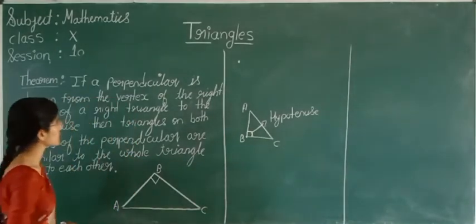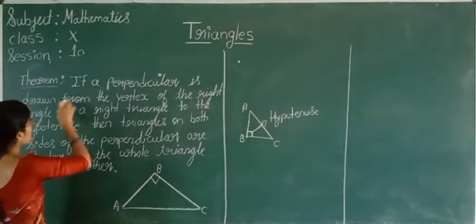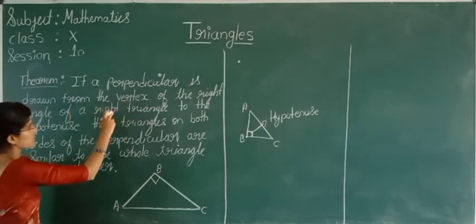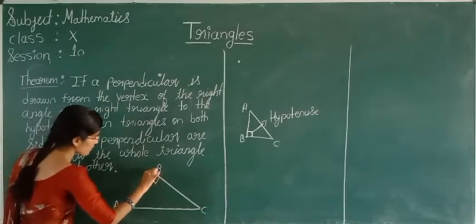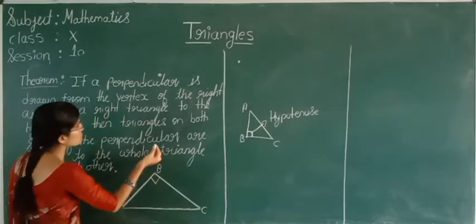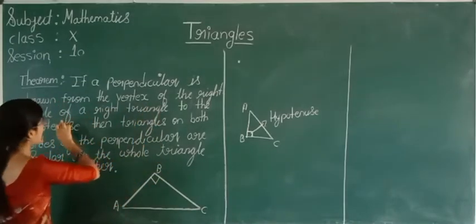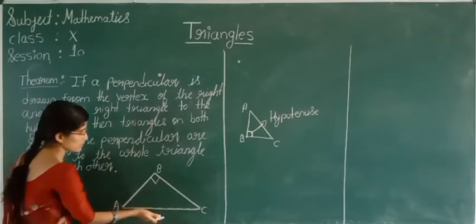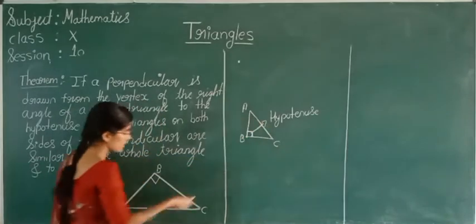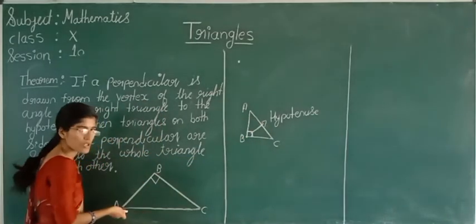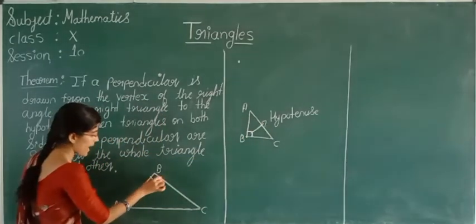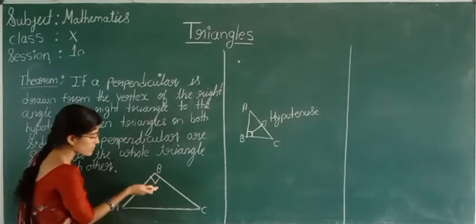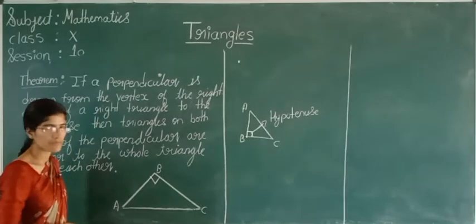Now see what this is telling. If a perpendicular is drawn from the vertex of the right angle of a right triangle to the hypotenuse. Here also AC is the hypotenuse because angle B is 90 degrees, so the opposite side is going to be AC.